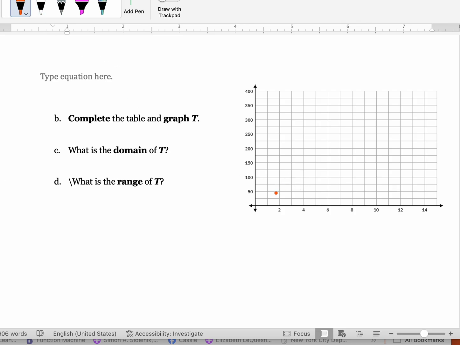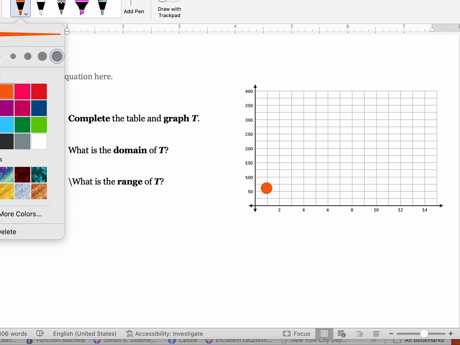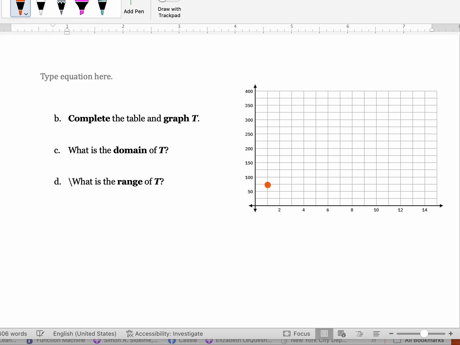So 1 entry is $75. I'm going to make this dot bigger. 2 entries is $150. 4 entries is $300.